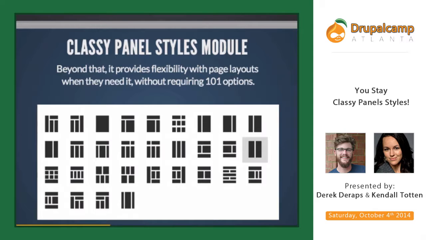However, that's a lot of layouts. And it still doesn't capture everything that the editor might need to do for the site. So rather than having a themer or a developer create every single possible layout that the editor might need, we want to empower them to change the widths of panes, to float the panes, and to modify the layout within.